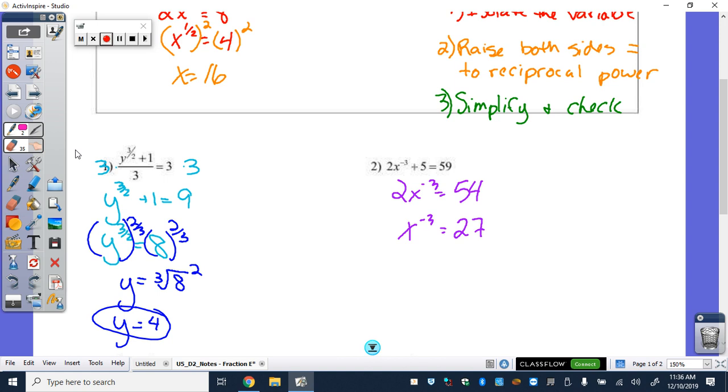Negative 1/3. If this exponent is negative, your reciprocal also needs to be negative. Again, that negative exponent means it's going to end up being a fraction. So I'm going to start with 1 over. 1/3 means I'm taking the cube root of 27, which is what? 3. So x equals 1/3 is going to be my answer there.